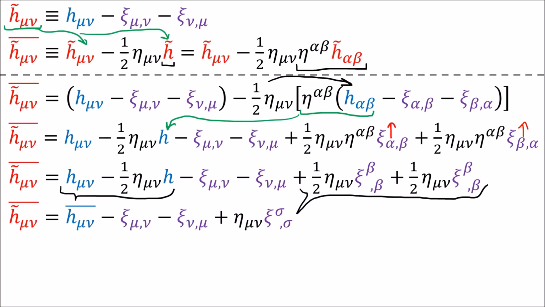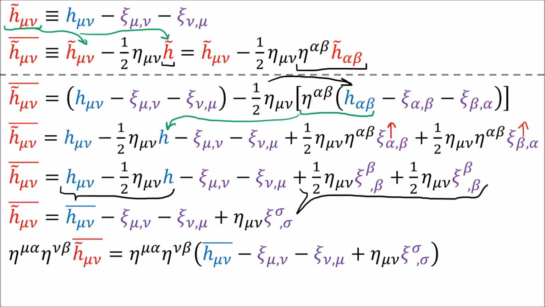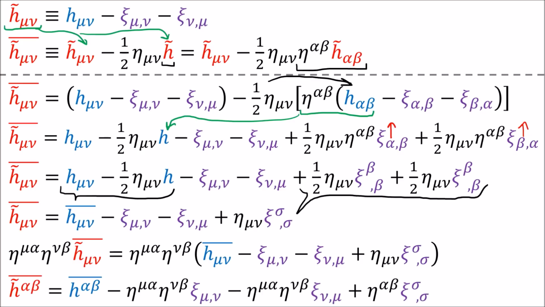This formula tells us how our h bar components transform under a change of coordinates using a displacement field psi. And if we sum on both sides with two inverse etas, we can get a similar transformation formula for h bar with raised indices.